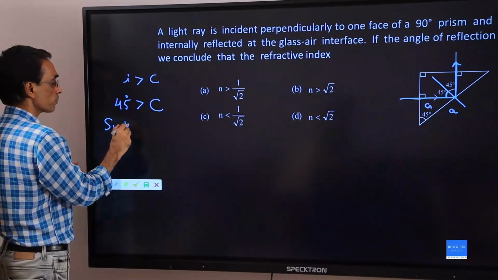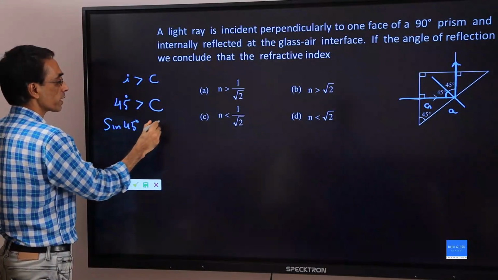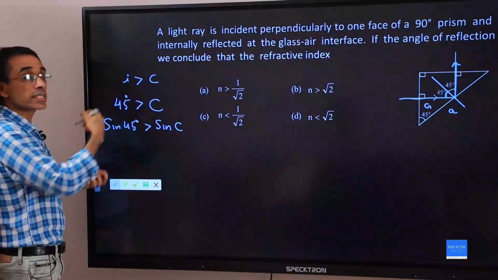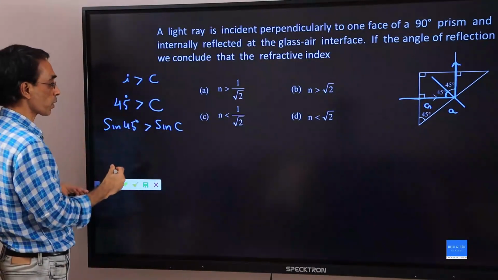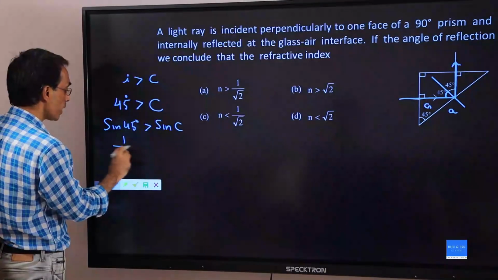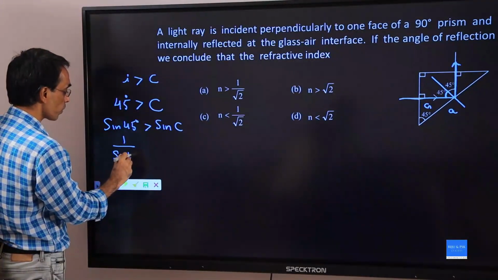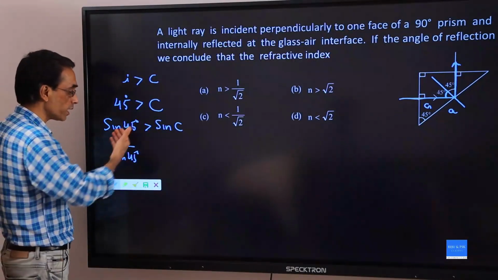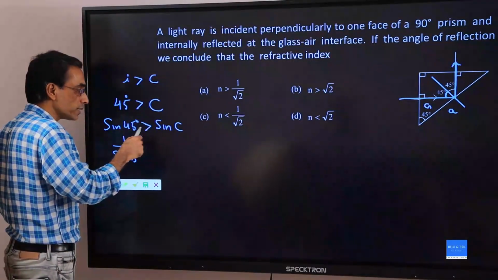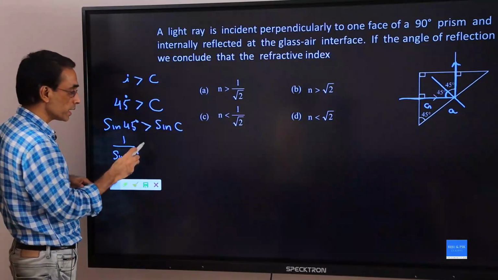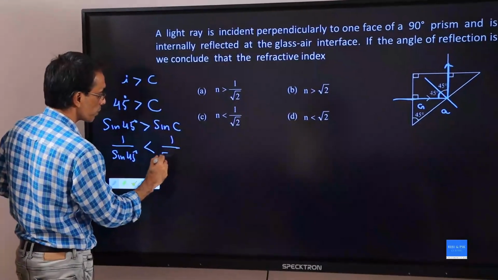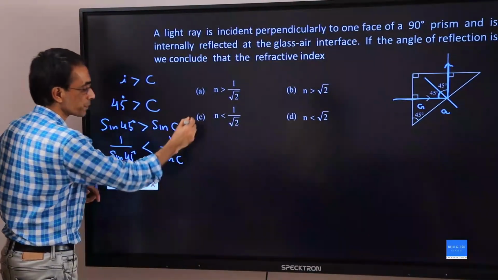Sine 45 degree greater than sine C. Take a reciprocal, 1 by sine 45 degree. Those who know mathematics, this will be easy. Others, please listen. When you take a reciprocal, this sign will also reverse. Greater than will become less than 1 by sine C.